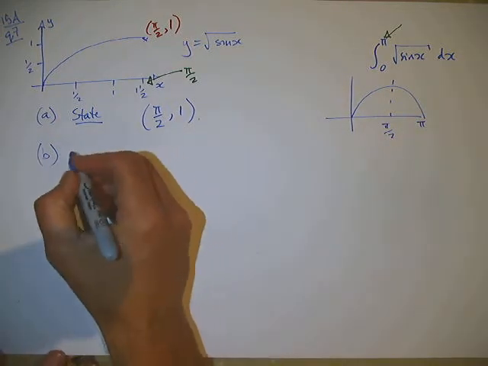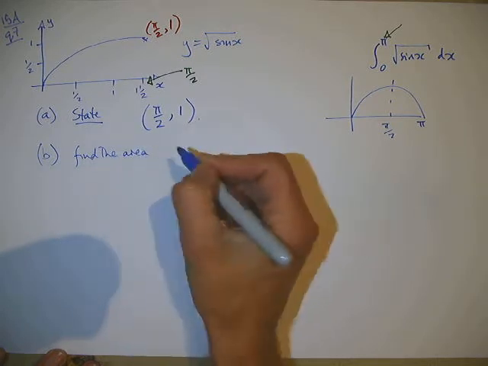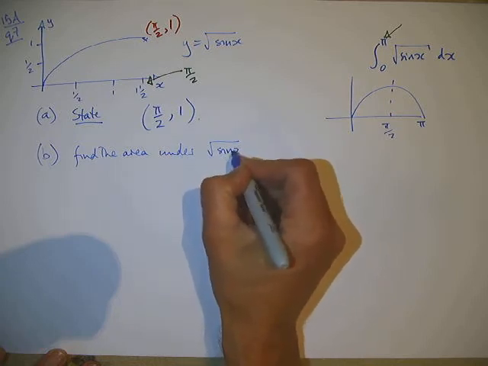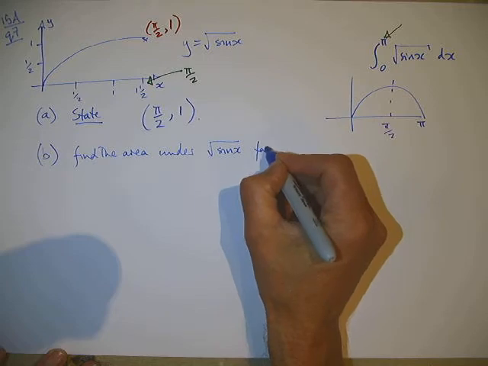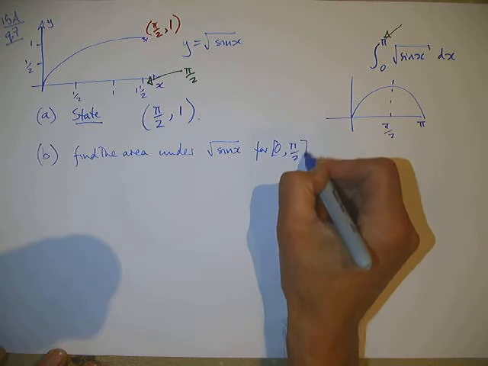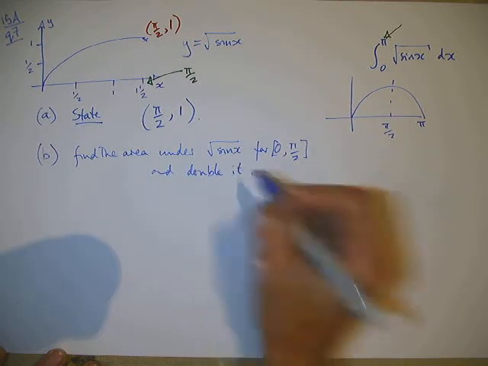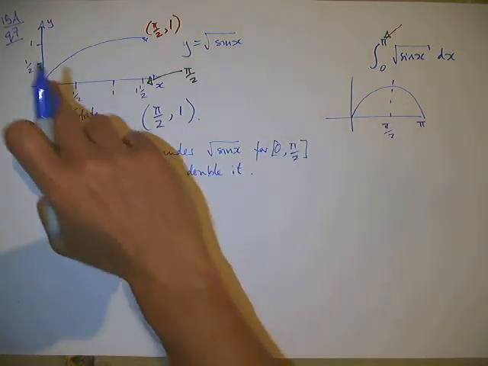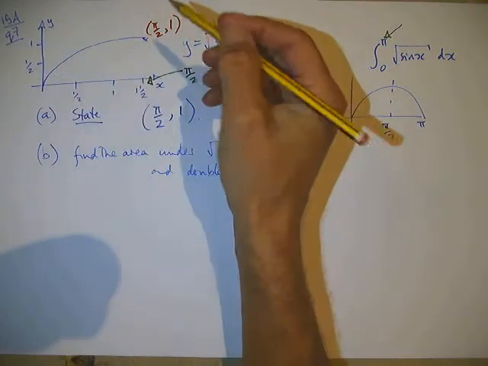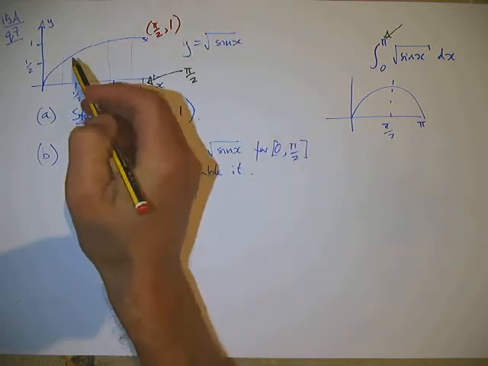Okay, so we're going to find the area under root sine x for 0 to pi by 2 and double it. Now, because this is an increasing function, if we fit the rectangles to this, let's do some random rectangles, let's do it like that.